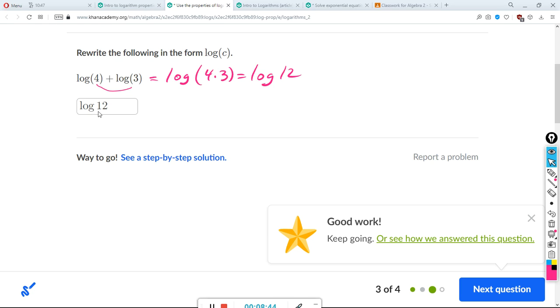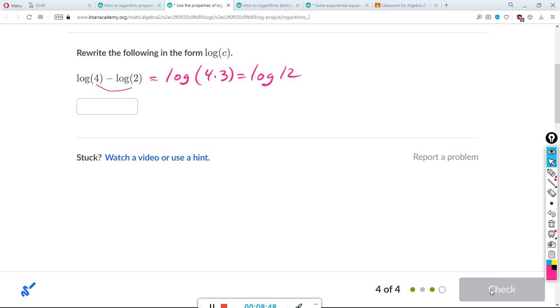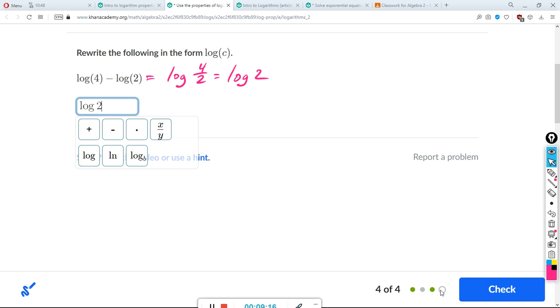That's why I'm not writing the base, because they didn't write it, so it's automatically base 10. Alright, last one. When you're subtracting, you divide the two numbers you're taking the log of. So this is the same as log of 4 divided by 2, so it's just a log of 2.